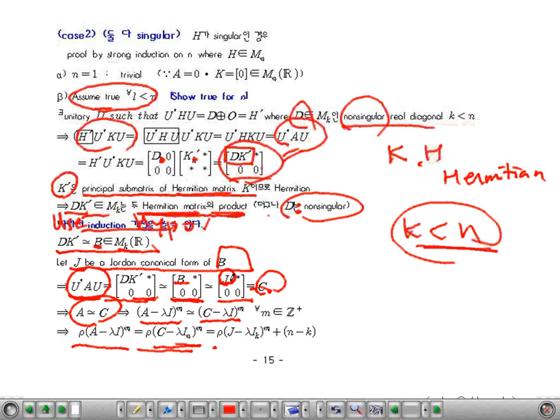Because it's a Jordan canonical form, this gives us this equality from what we know about the Jordan canonical form.